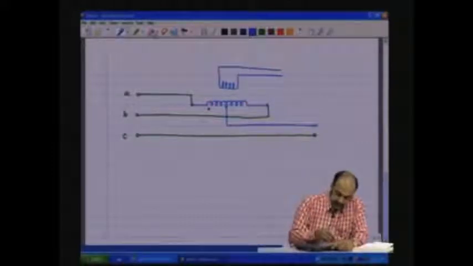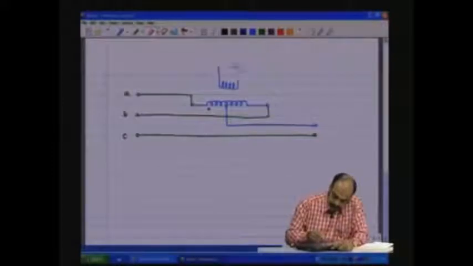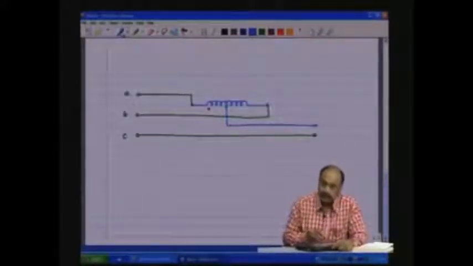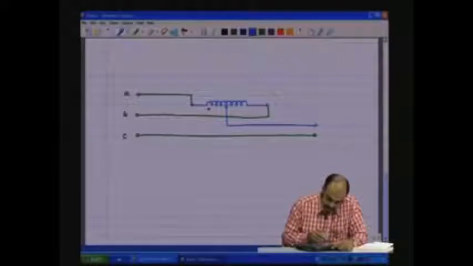Or equivalently, let us first discuss with just this primary coil with respect to the dot, so that we understand the various phasors.